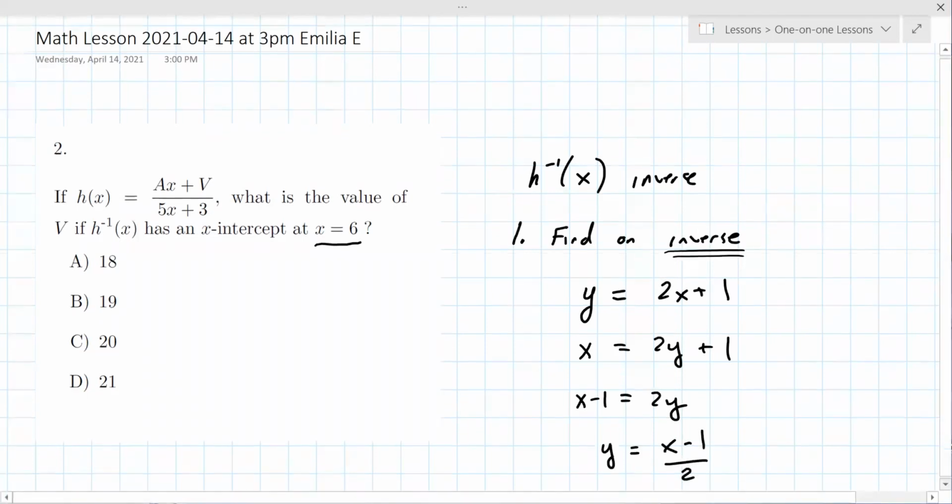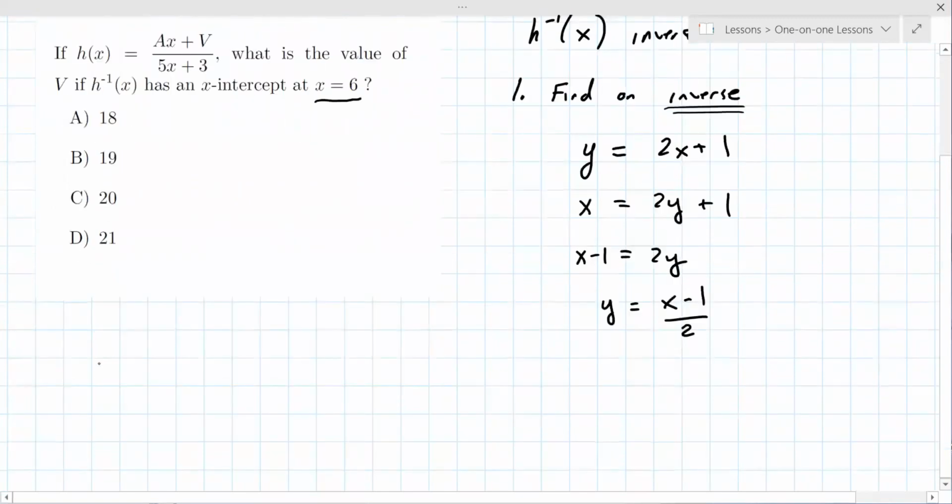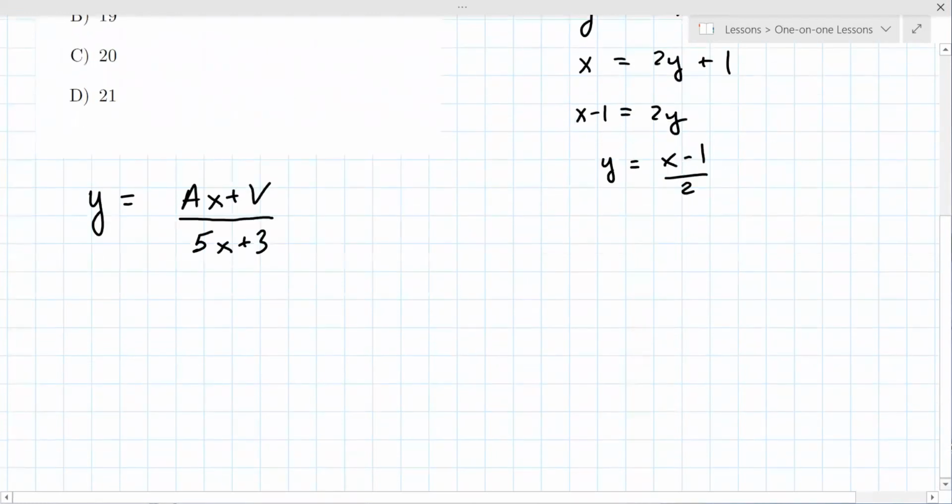So for this given equation, if we write it this way, y equals (ax plus v) over (5x plus 3), the first step for finding the inverse is to switch x and y.